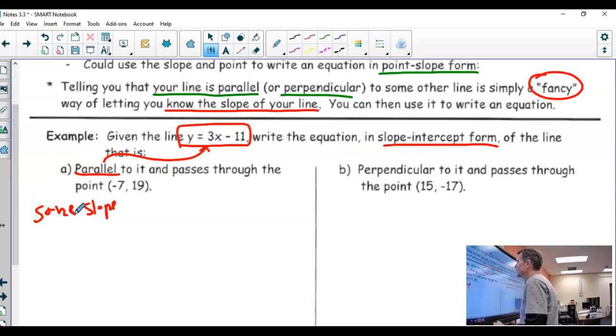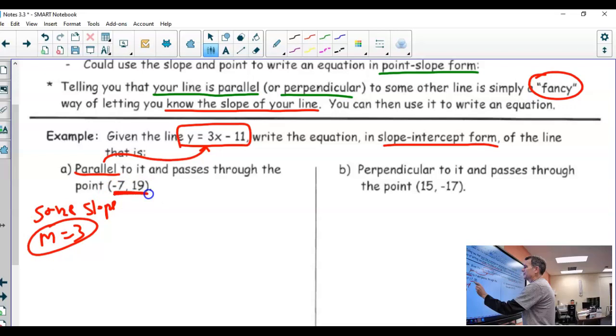Since the slope of that line is 3, the slope of my line is 3. See how telling you that my line was parallel to that line is just a tricky way of helping me figure out the slope of my line. Oh, my line's got the same slope. It must be 3.